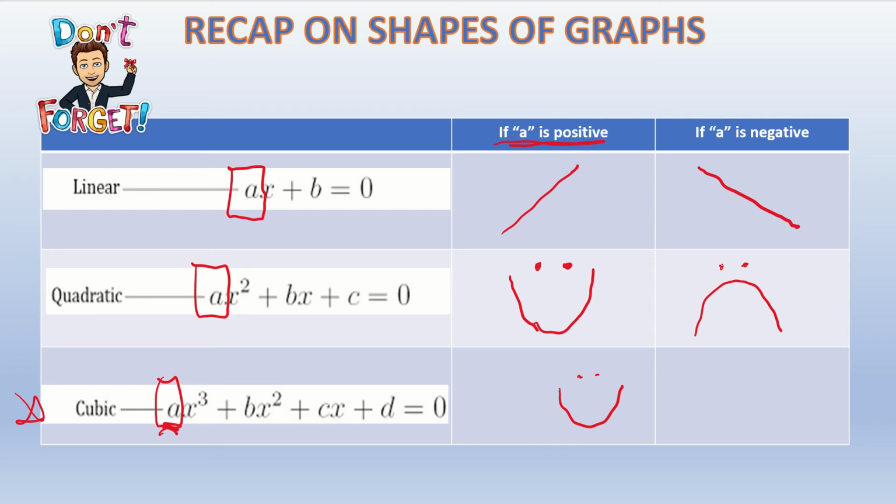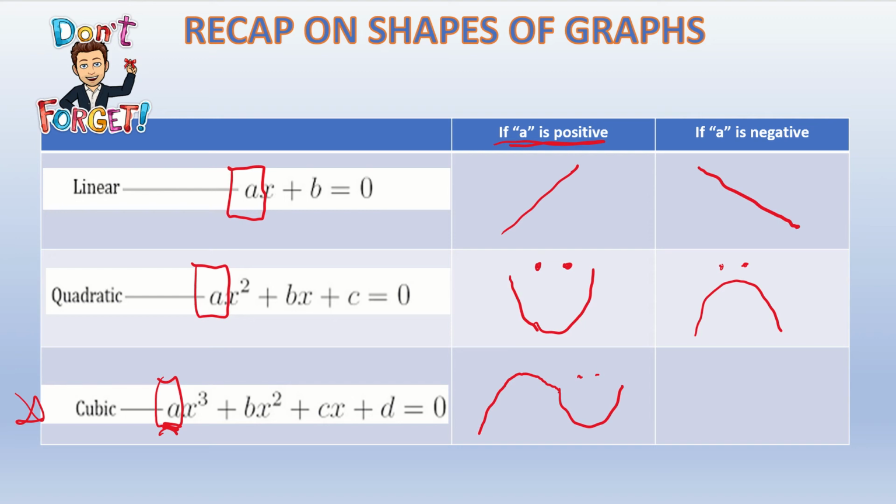So as you go up the powers of x, there'll be more turning points of your graph in general. So for my cubic expression, we're going to finish with a smiley face, but before that, there's going to be another turning point. So the shape of your graph in total is going to look like this.